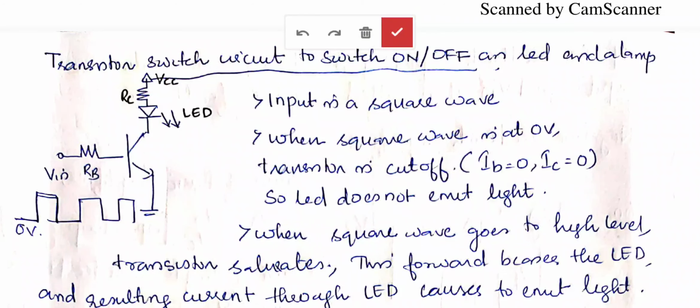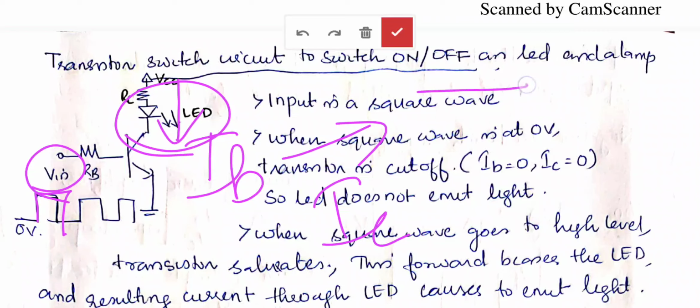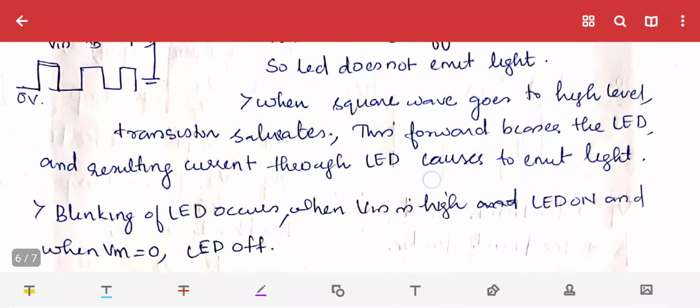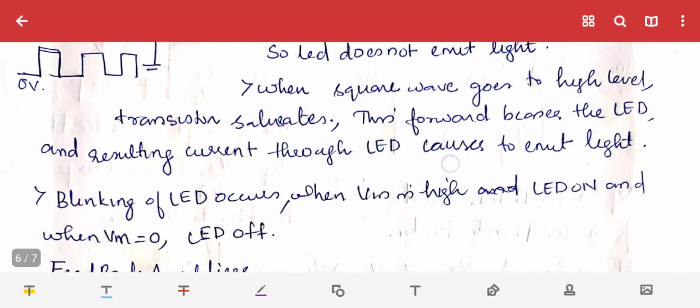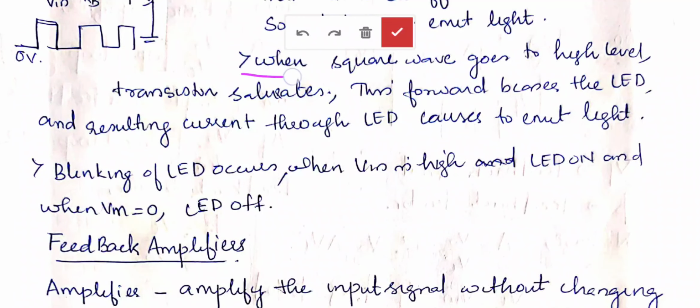Next, when the square wave goes high, Vin is present, so IB is present. IB will produce an IC. Due to this current flow, the LED is forward biased, so it will turn on and light will be emitted. So you can see here, when the square wave goes high, the transistor saturates.